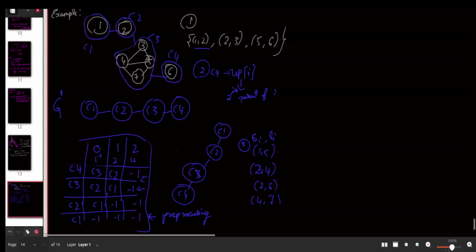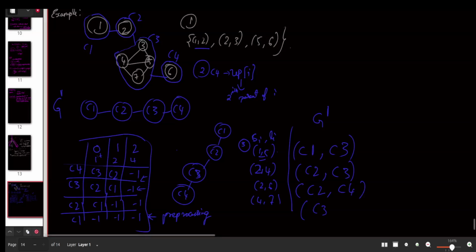So let's see what the corresponding components of them are in G prime. The first node is in C1 and the fifth node is in C3. The second node is in C2 and the fourth node is in C3. The second node is in C2 and the sixth node is in C4. The fourth node is in C3 and the seventh node is in C3.